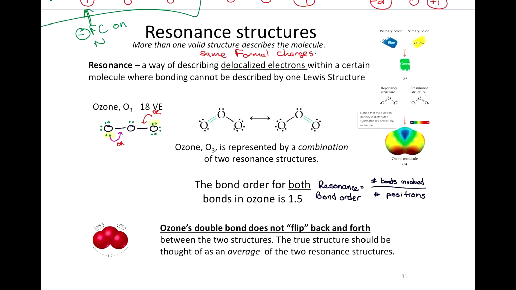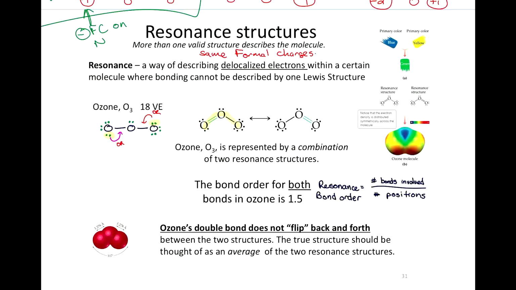So what we say here is that this double bond is smeared across the entire molecule, that the double bond exists both on the left side and the right side of the molecule at the same time. So we can calculate bond order a different way here. That double bond is not localized on one part of that molecule. It's spread across the entire molecule. So the bond order for this molecule ozone is actually 1.5.